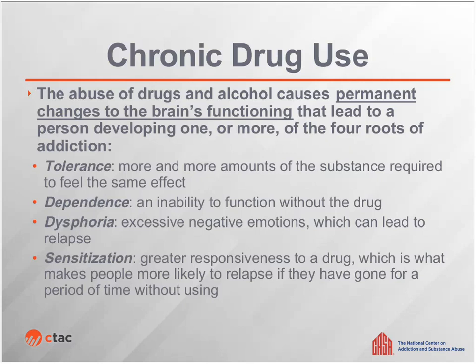And this is what makes people more likely to relapse if they have gone for a period of time without using the drug. Okay, so these are the four terms that can result from chronic use, which results from permanent changes to the brain's functioning. So you have tolerance, dependence, dysphoria, sensitization.